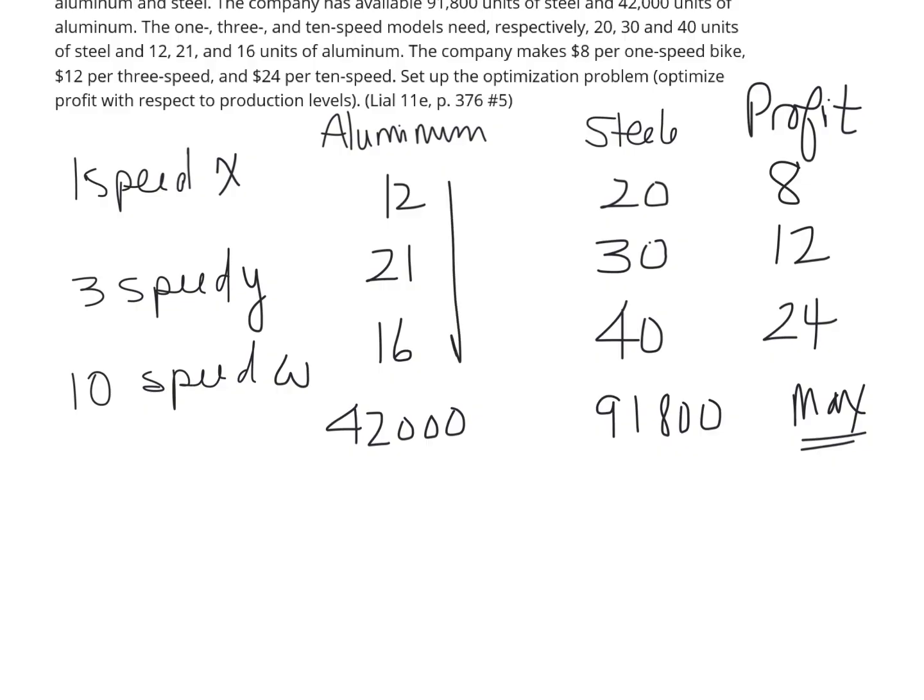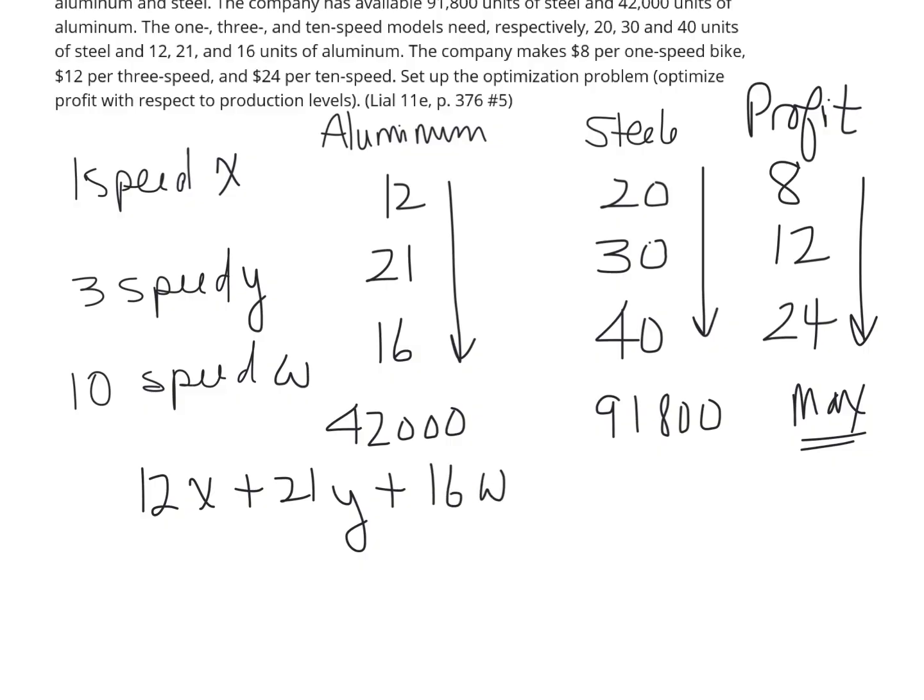So again, we're going to read down each of these columns and create these equations, the optimization problem. So we have 12x plus 21y plus 16w must be less than or equal to 42,000.